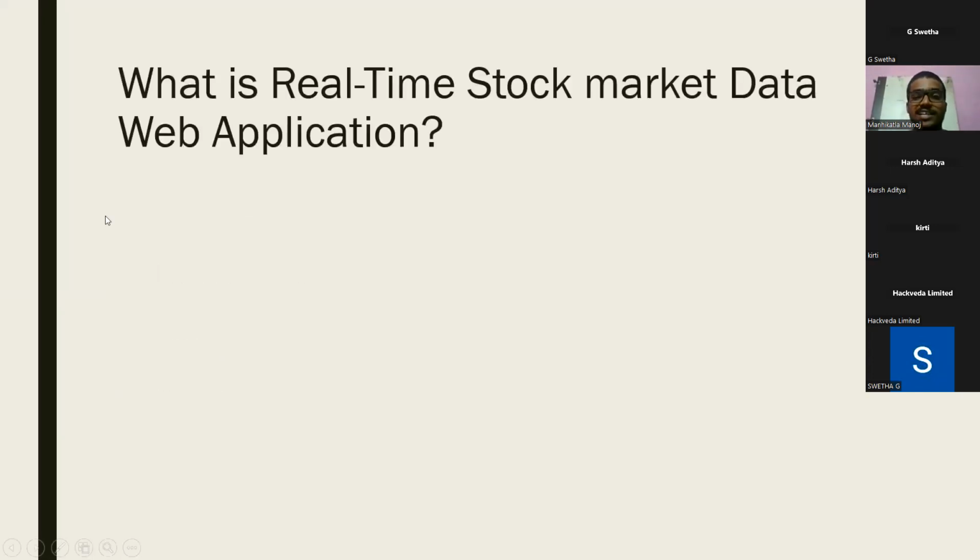So what is a real-time stock market data web application? It is a web-based app that provides the user with information about the stock of a company in an easy and understandable way. In this application, the user can analyze the data through graph visualization.